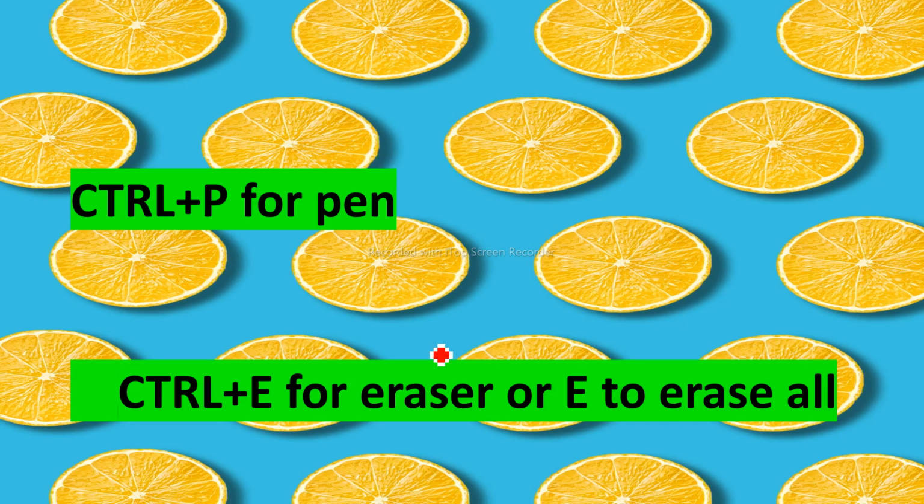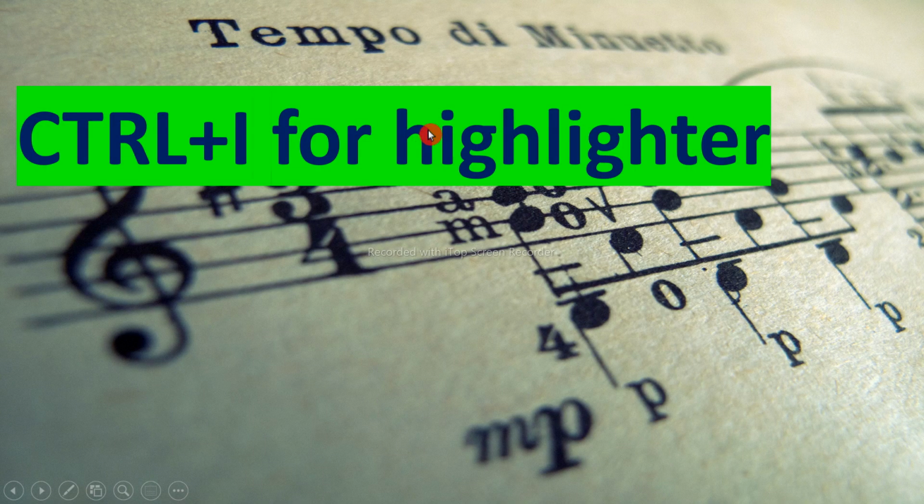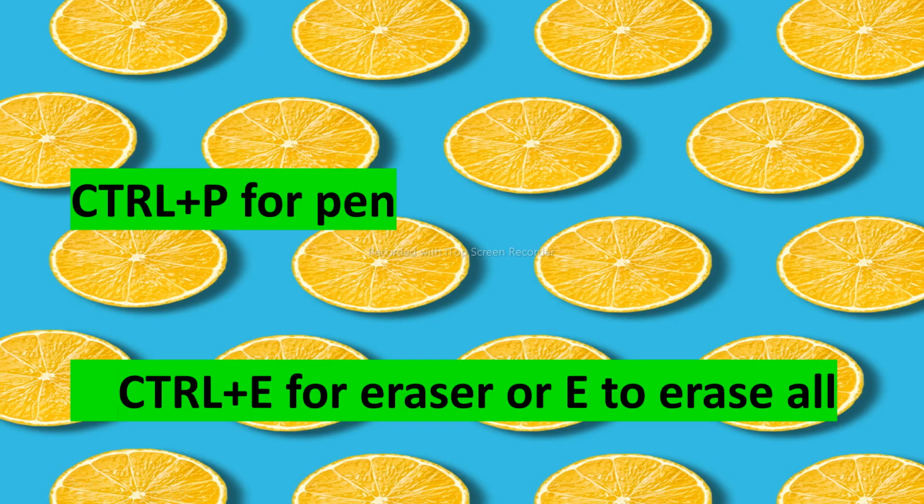Control plus P to bring the pen. You see, now here I have a pen. I can select whatever I want using the pen. You can do whatever during the presentation, and once people are in the room, you'll see it's very interactive.